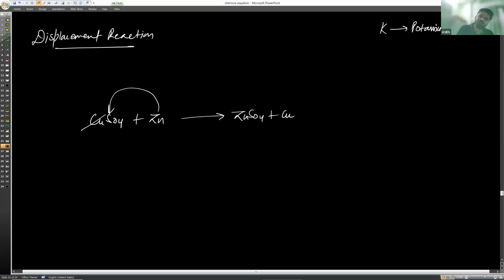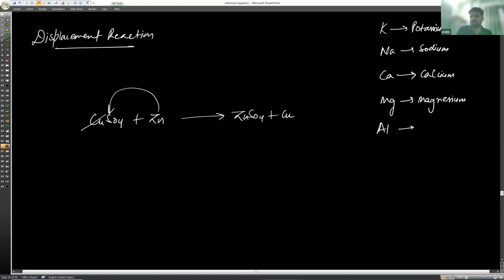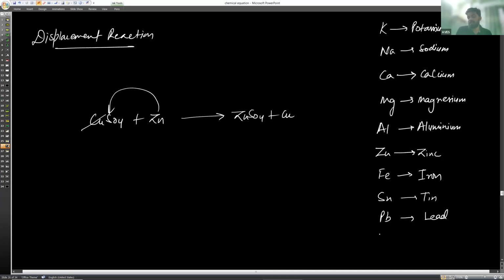Potassium, then sodium (Na), then calcium, then magnesium, then aluminium, then zinc, then iron, then tin, then lead, then hydrogen.